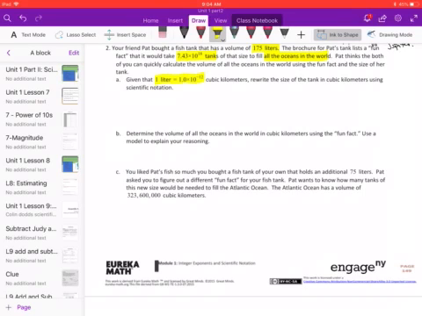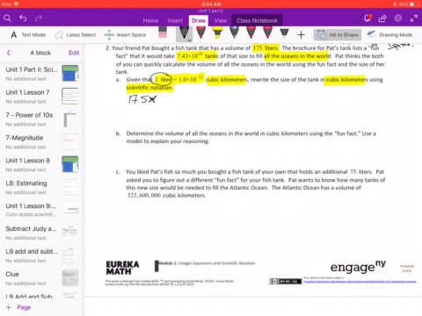First part, given that 1 liter equals that many cubic kilometers, rewrite the size of the tank in cubic kilometers. So I know that my answer has to be in cubic kilometers and it has to be in scientific notation. So I have the size of my tank, which is 175 liters, and 1 liter equals that many cubic kilometers.